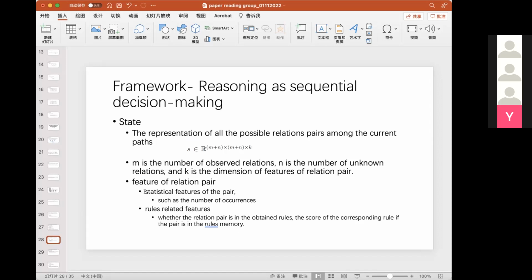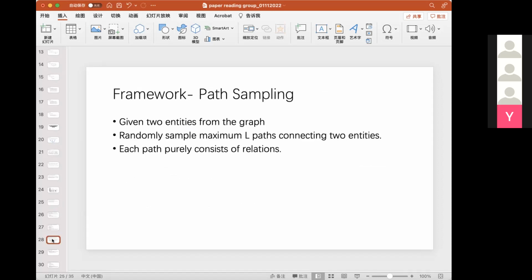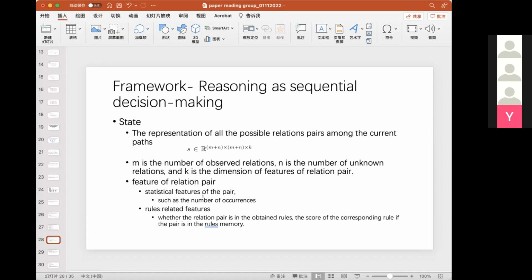The first level is the statistical feature of the pair. For example, they look up the sample paths we just introduced and calculate the number of co-occurrences of the pair to construct the feature of the relational pair. That is the statistical feature of the pair.